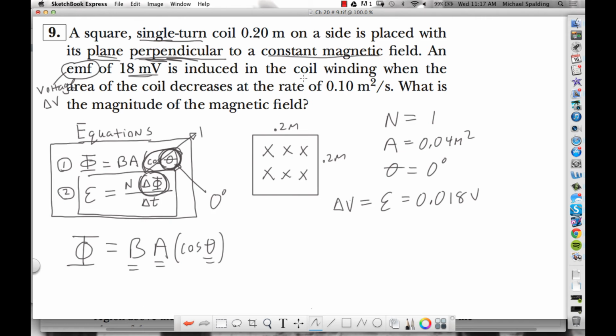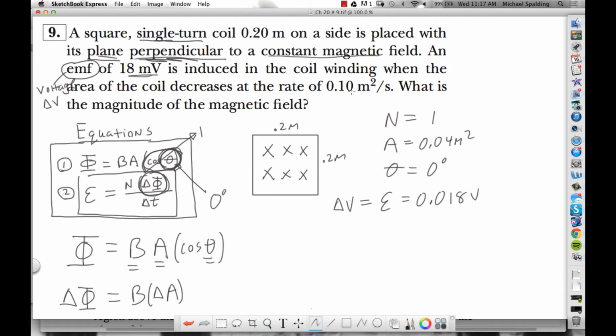The A, it says right here. The area of the coil is decreasing. So really, for this problem, our change of flux is going to be B delta A, right? But now here's where kids get confused. They're like, what's this? It's the area is changing at a rate of 0.1 meters squared per second.